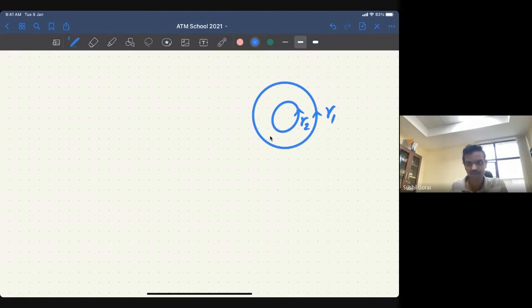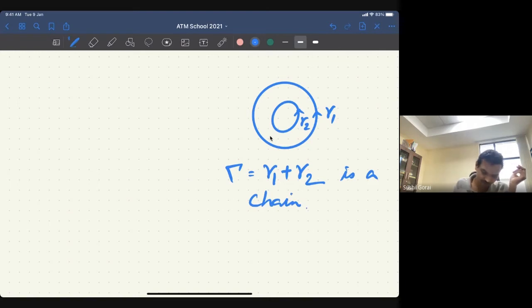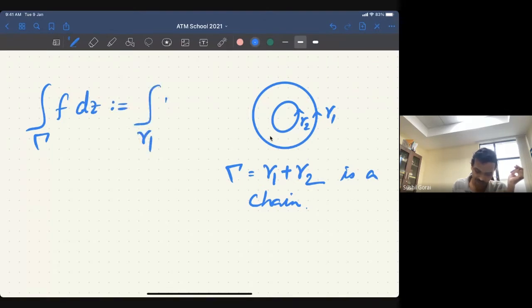Now this together is not a curve, but sometimes you have to integrate both of them. So one can look at gamma 1 plus gamma 2. This is, let's say, gamma. This is a chain. And integration over gamma of f dz will be defined as integration over gamma 1 of f dz plus integration over gamma 2 of f dz.